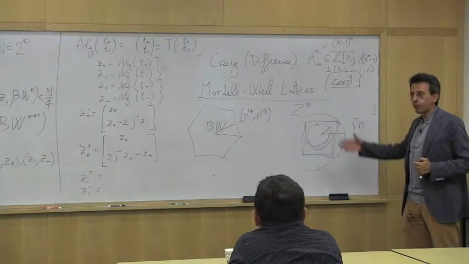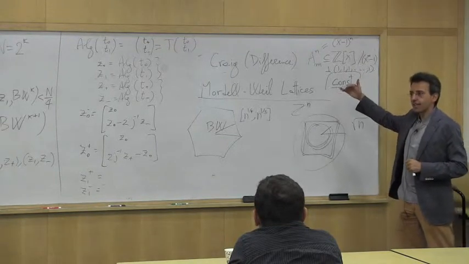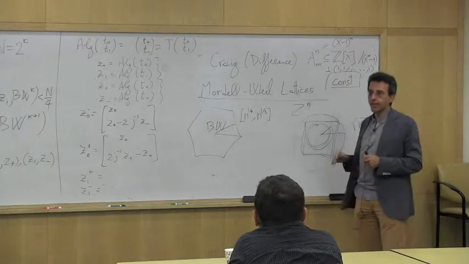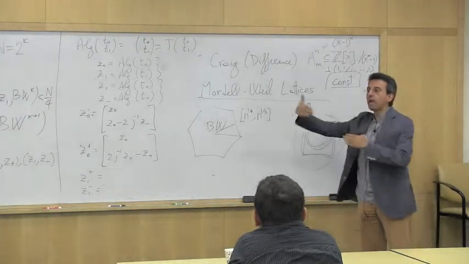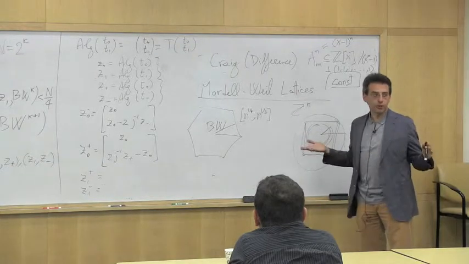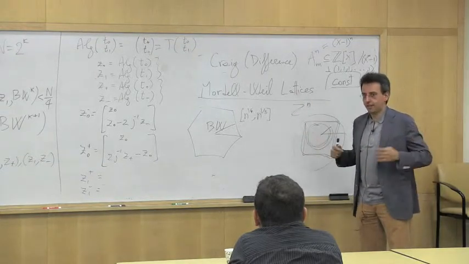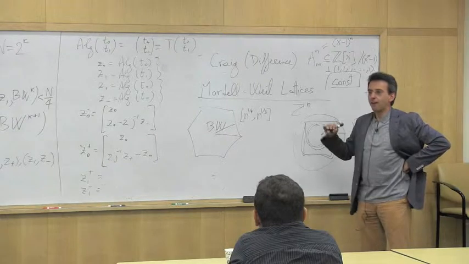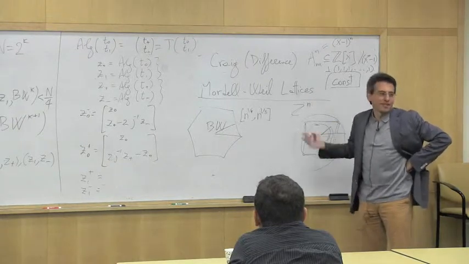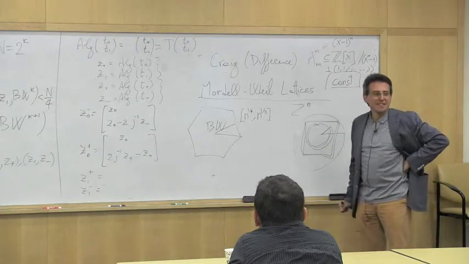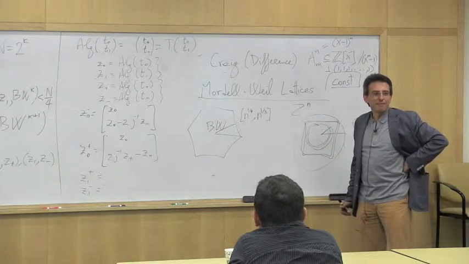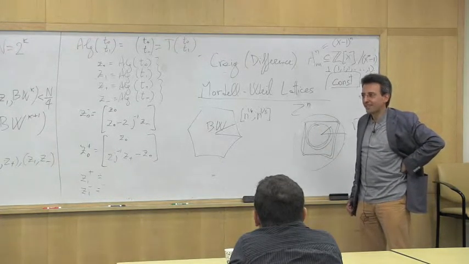If we know the minimum distance, we can ask: can you come up with a decoding algorithm up to half the minimum distance? Or, if we don't know it, we can ask to decode up to half the best known lower bound on the minimum distance. So we can take a computational version of the decoding up to the best known minimum distance bound.